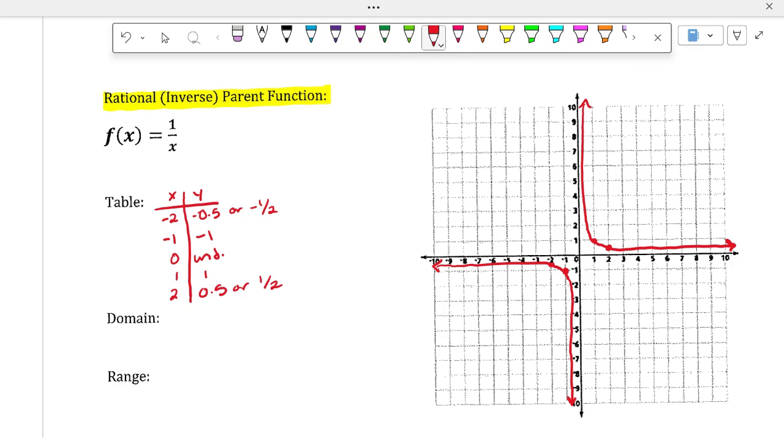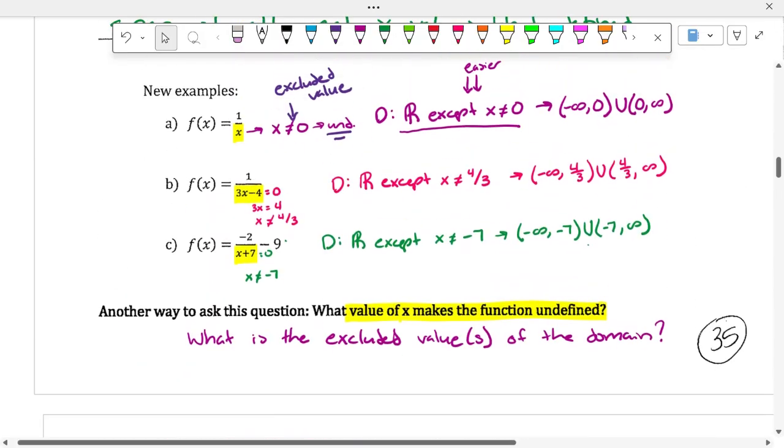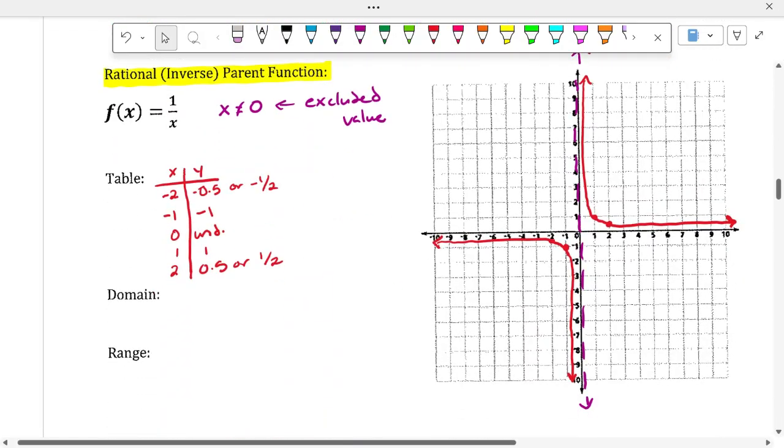Now, we know that x cannot equal 0. We already know that. That's our excluded value. So if I was to write the domain, how would I write it? How are we writing them up top? So we know x cannot equal 0. So how would I state it?